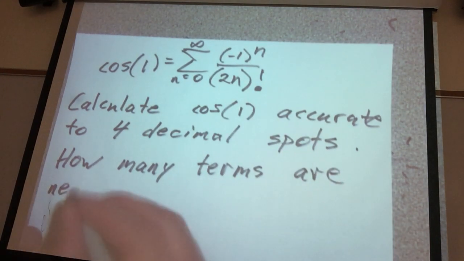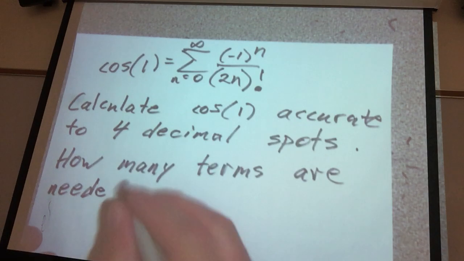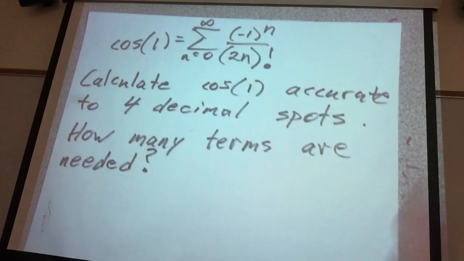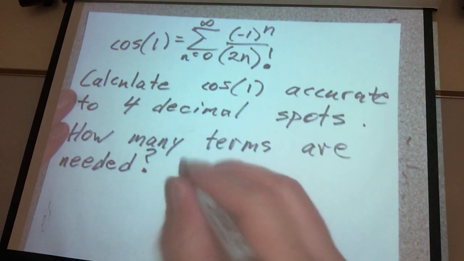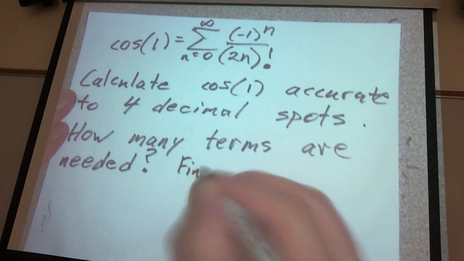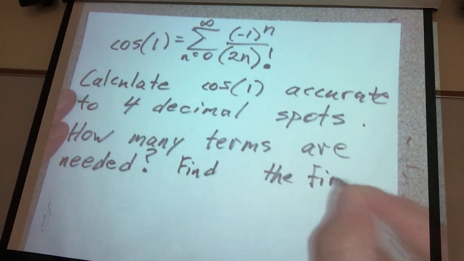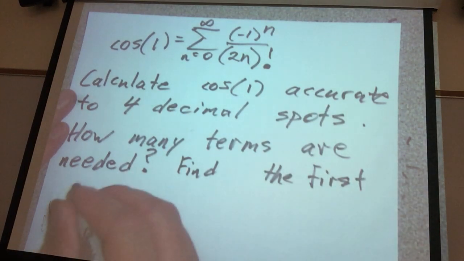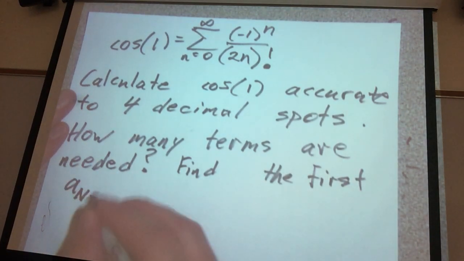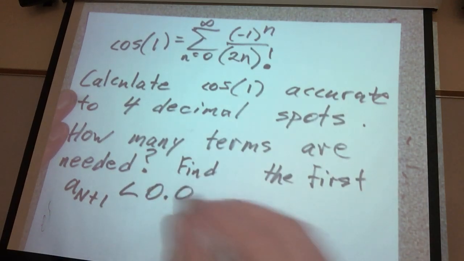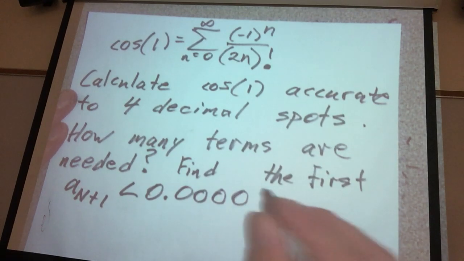That becomes the question. Now to do this, we're going to have to find the first a sub capital N plus 1, which is going to be less than 0.00005.